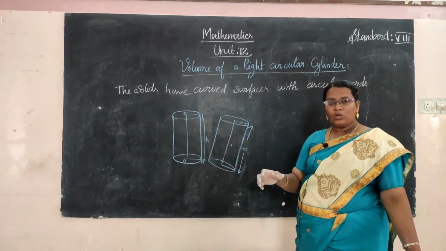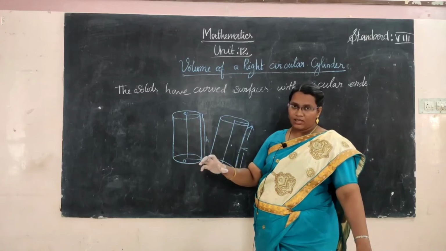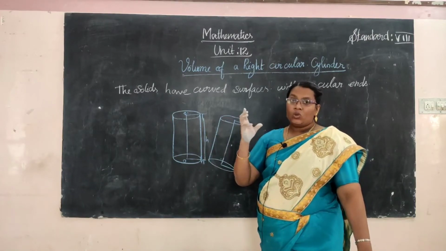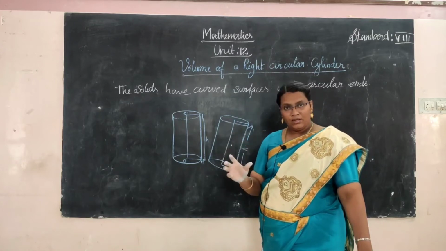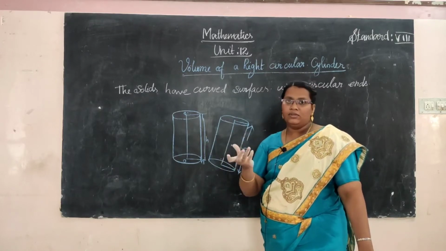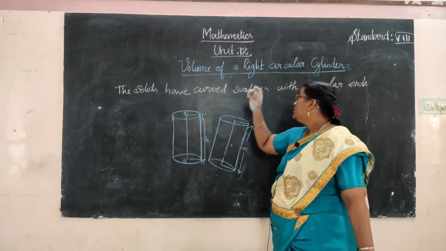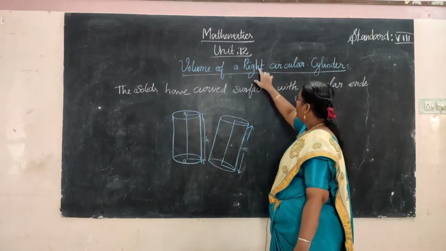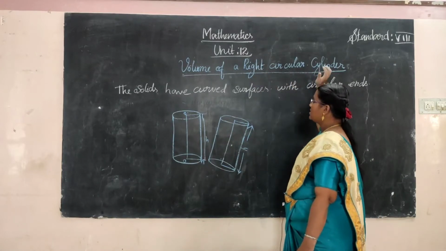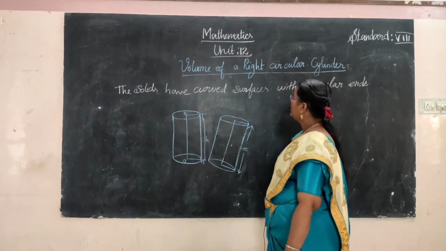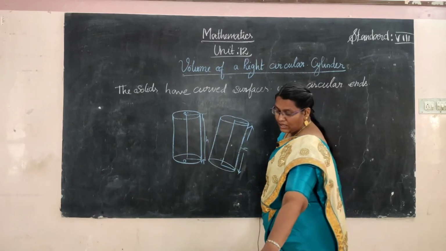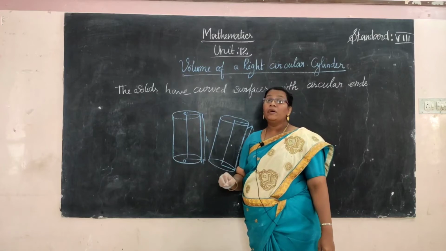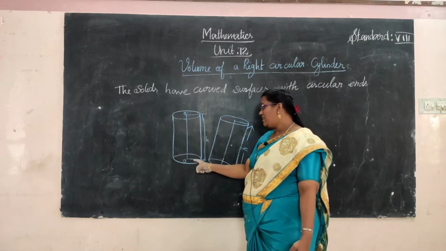The shape of the water bottle or water can is cylindrical. The base of the cylinder is curved, so circular, that means circular cylinder. Then why do we say right circular cylinder? A right circular cylinder means the axis of the cylinder is perpendicular to the base.